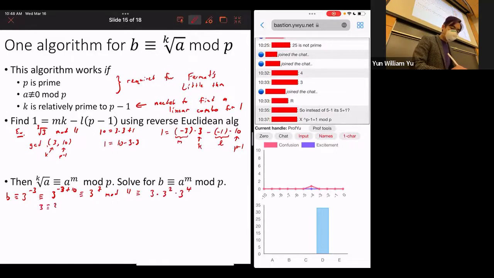Well, 3 is congruent to 3. 3 squared is congruent to 9. 3 to the 4th is congruent to 81, which is congruent to 4. This is all mod 11, of course. And so therefore, this is congruent to 3 times 9 times 4 mod 11. And when you multiply that out, that's congruent to 9 mod 11.